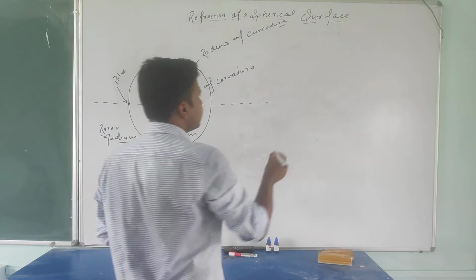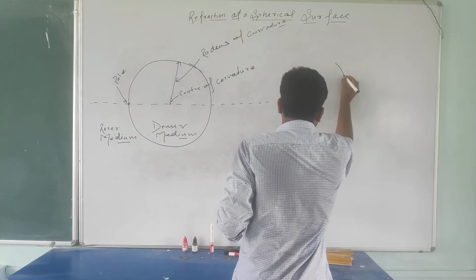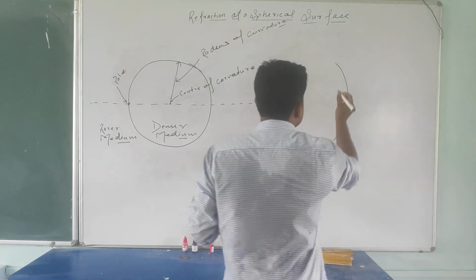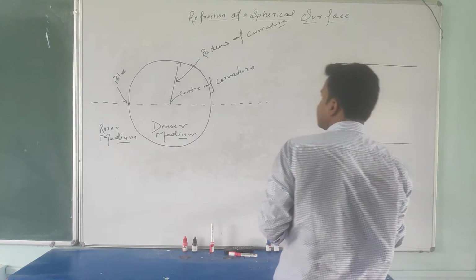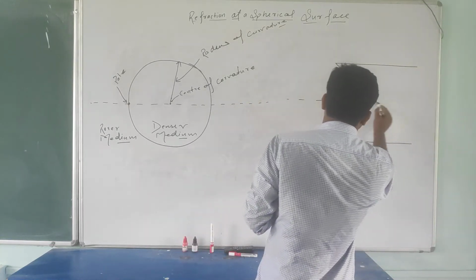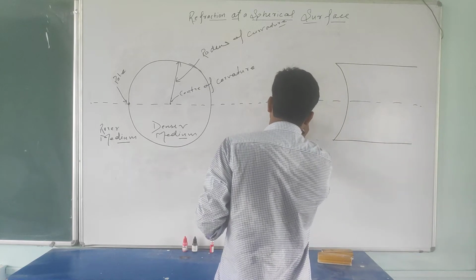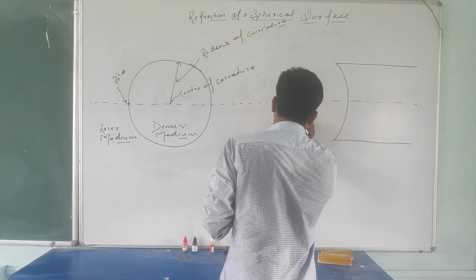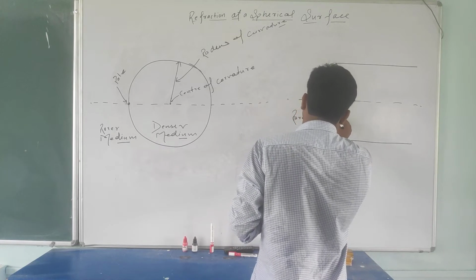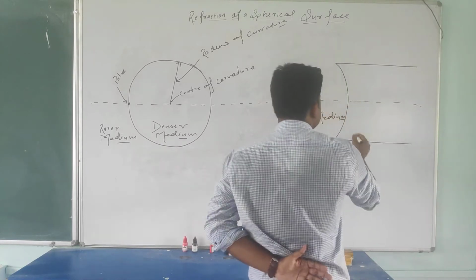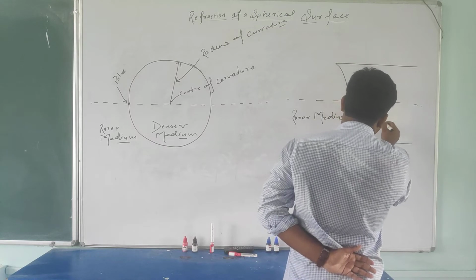Similarly, here I am considering another type of spherical surface. So here this one is the rare medium and this one is the denser medium.